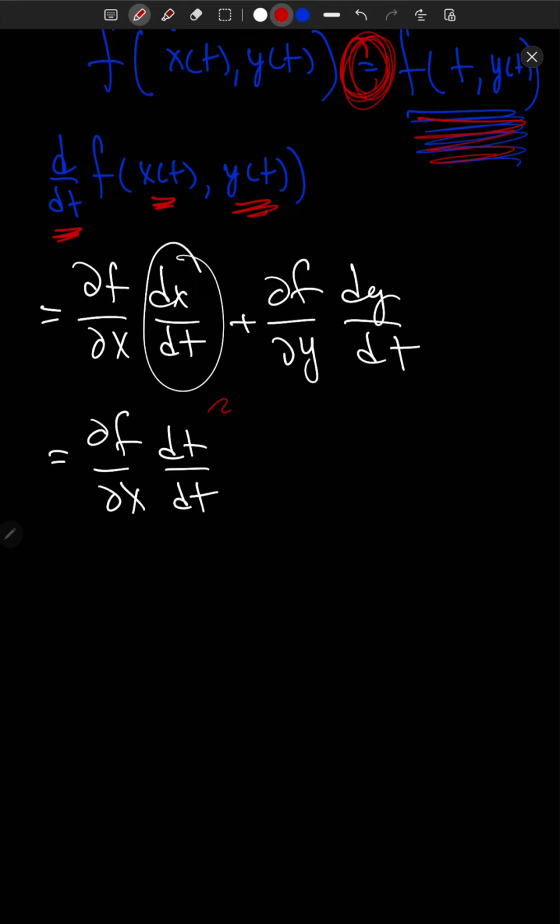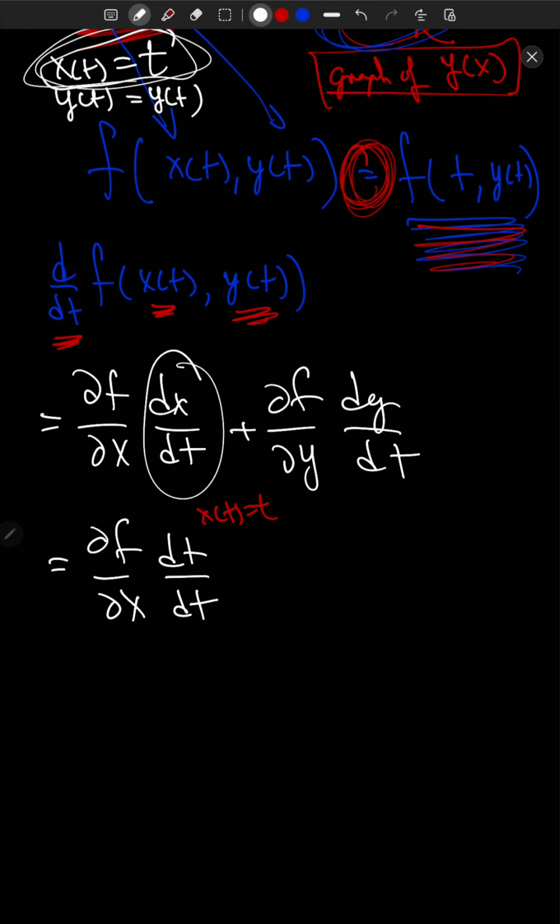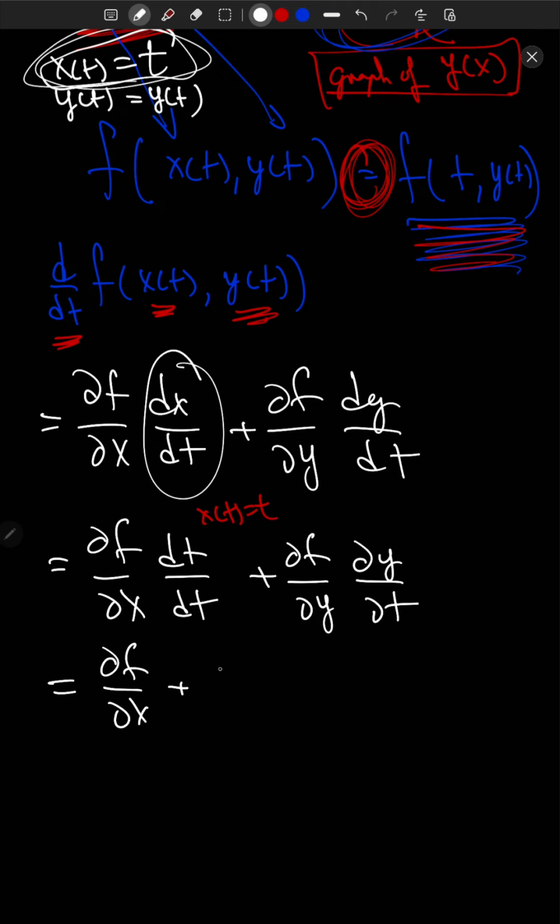Again, because x of t is just equal to t under this parameterization of the graph that I used, plus df/dy times dy/dt. And dt/dt is just 1, so df/dx plus df/dy times dy/dt.